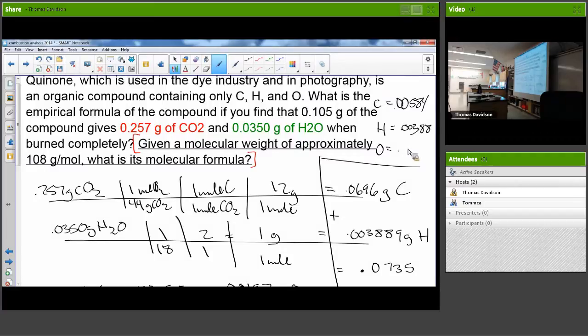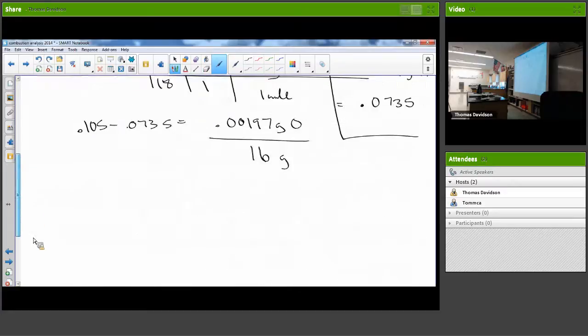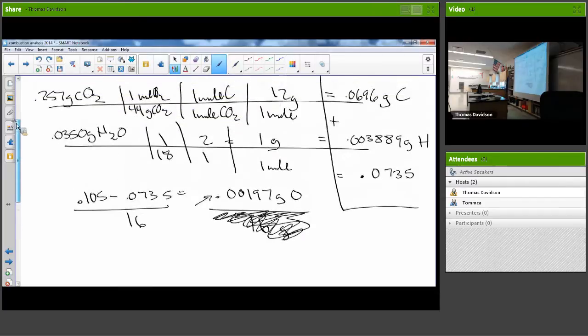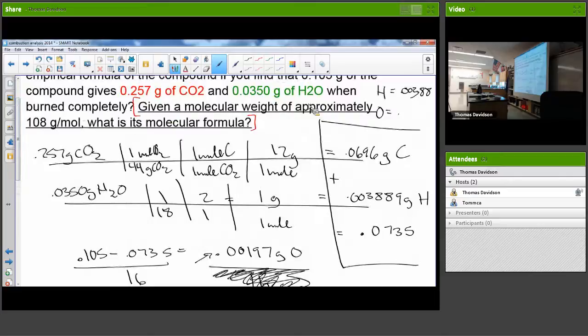I divided it by 16 and got 0.00197. Okay, so this was the answer after it was divided by 16. I'll just throw that right here and we'll call that good. Are you okay with that? 0.00197.